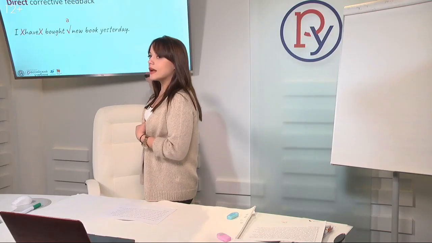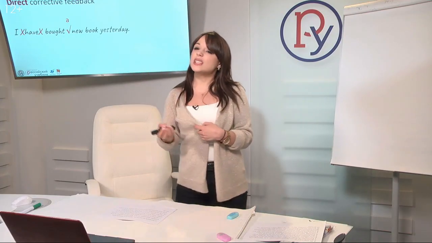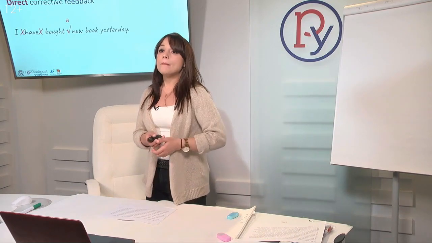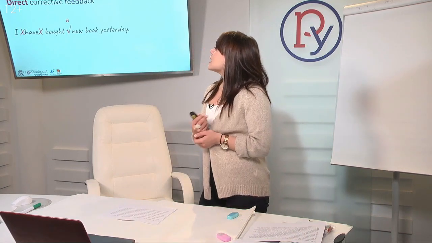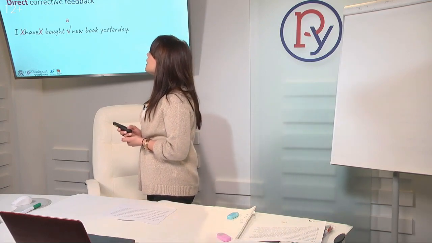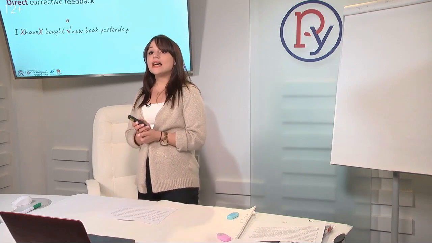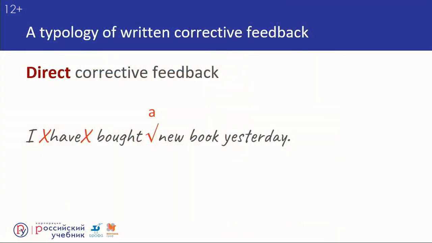Because it's yesterday, there is a time reference to a specific moment in the past. We don't need have because we need past simple, right? And the second mistake is a missing article, an indefinite article before a noun in singular, especially with an adjective. This book is mentioned for the first time, so it should be a new book.